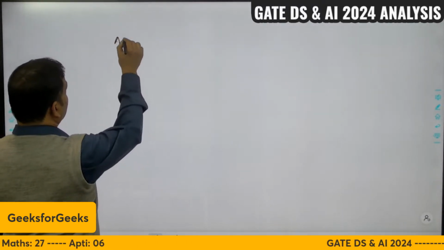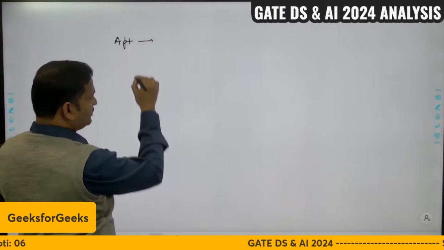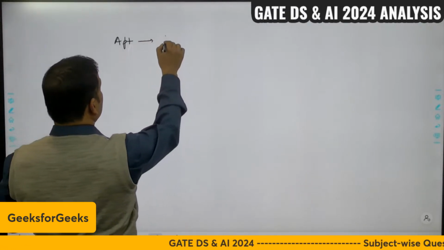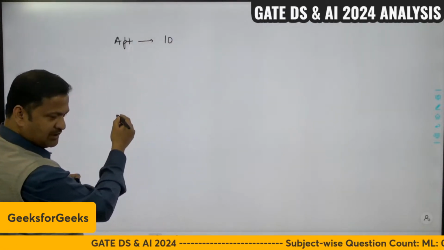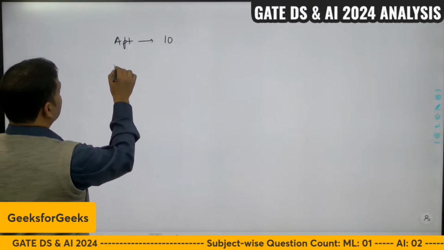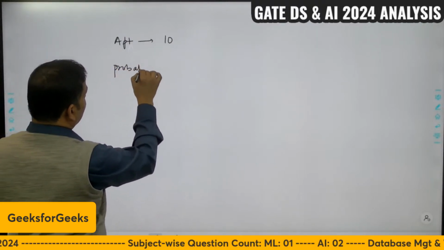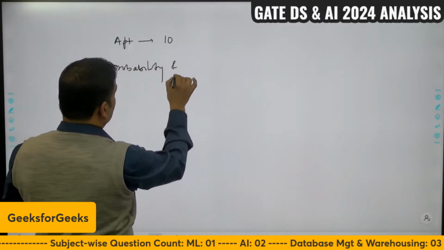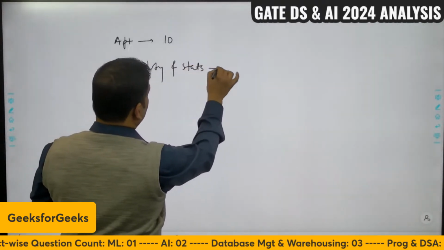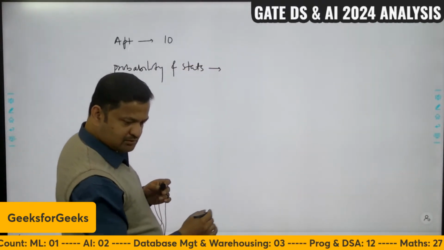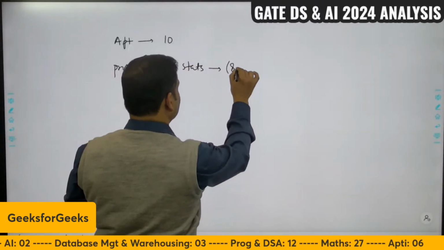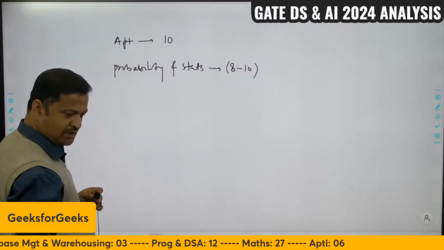We have questions from aptitude, a total of 10 questions. Then probability and stats: a total of 8 to 10 questions from this topic.